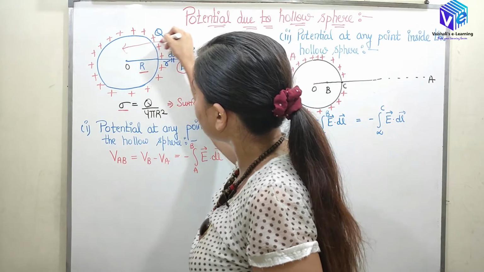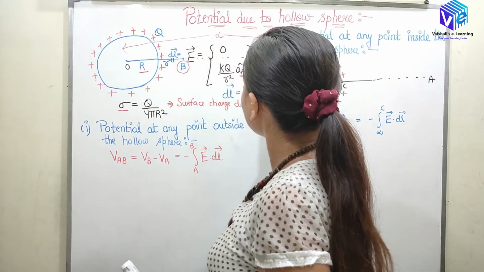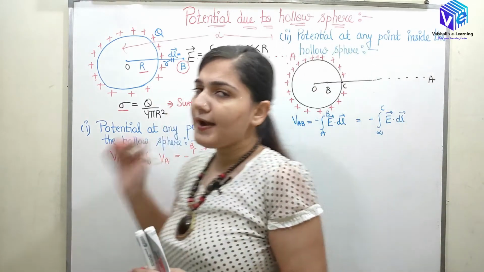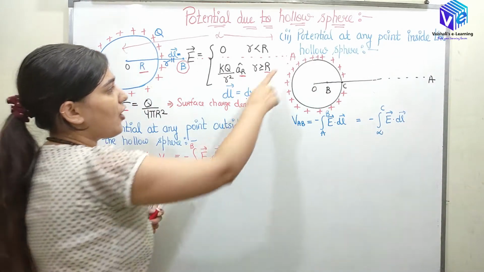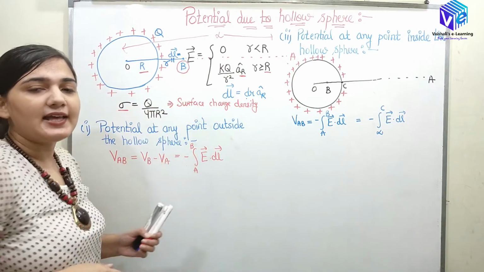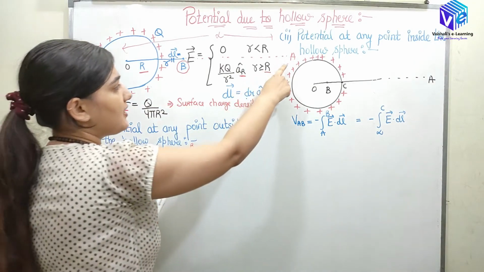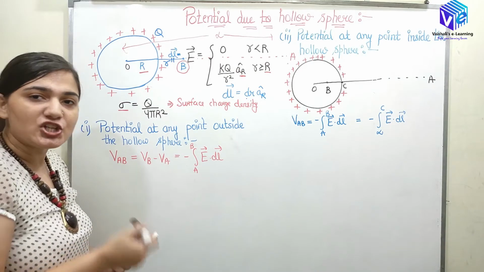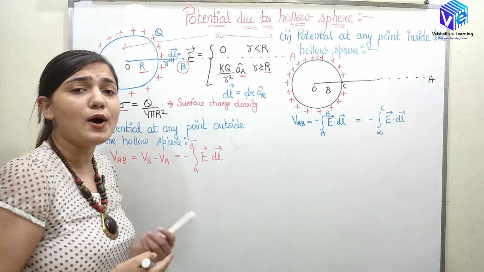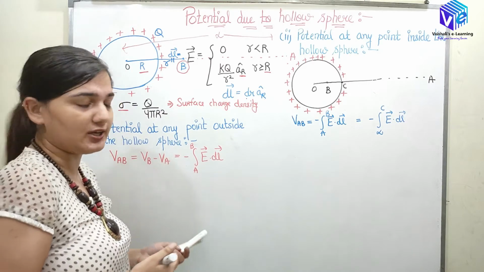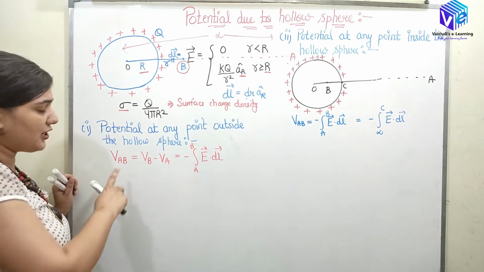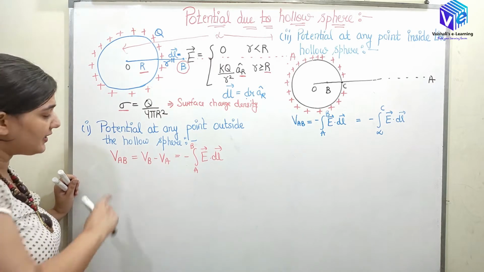If I take a charge from A and move it to the point B, then the work done per unit charge gives the potential. I hope you remember how I used to find the potential. I will be taking two points and finding the potential difference between the two points A and B.